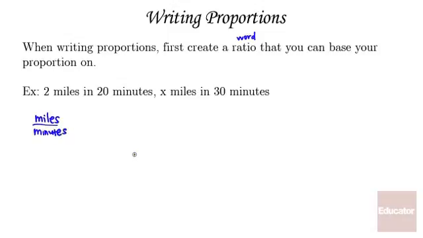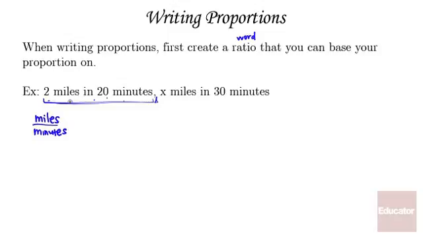That means all the numbers that have to do with miles are going to go on the top, and all the numbers that have to do with minutes are going to go on the bottom. Because when we write a proportion, remember a proportion has to be two ratios that equal each other. So the first ratio I'm going to write is going to have to do with 2 miles in 20 minutes.